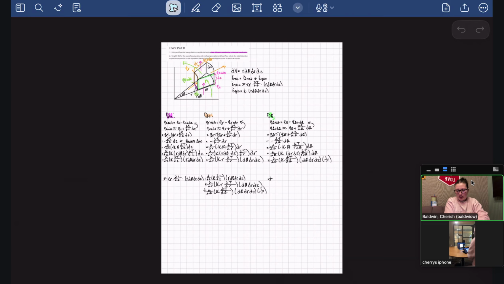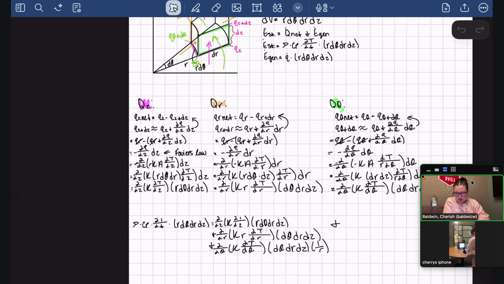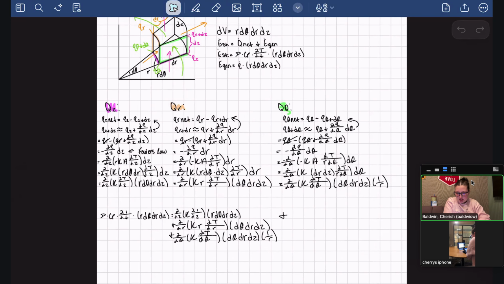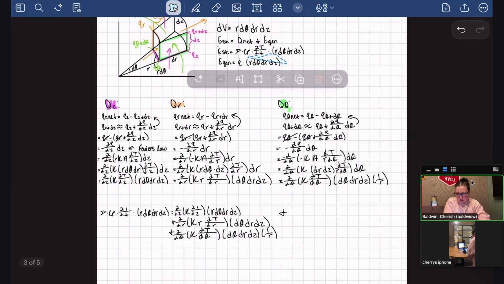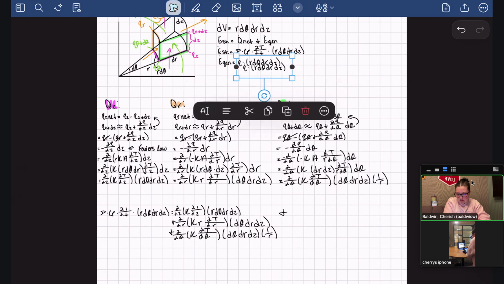So what I was saying was I was combining all the equations. So like the energy stored versus the net heat rate, and the net energy generated into one equation.